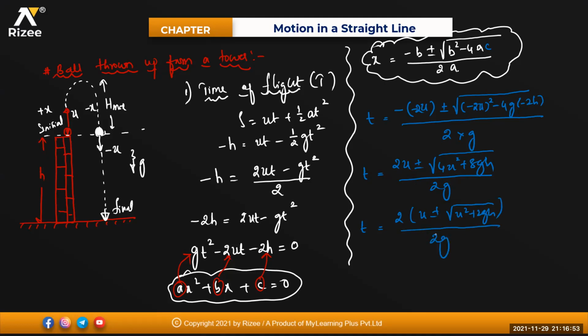It will become the same. This 2 and this 2 will get cancelled. So time taken to reach the ground will be t equals u plus under root of u square plus 2gh, divided by g. So this is your time taken. See the calculation, everyone.